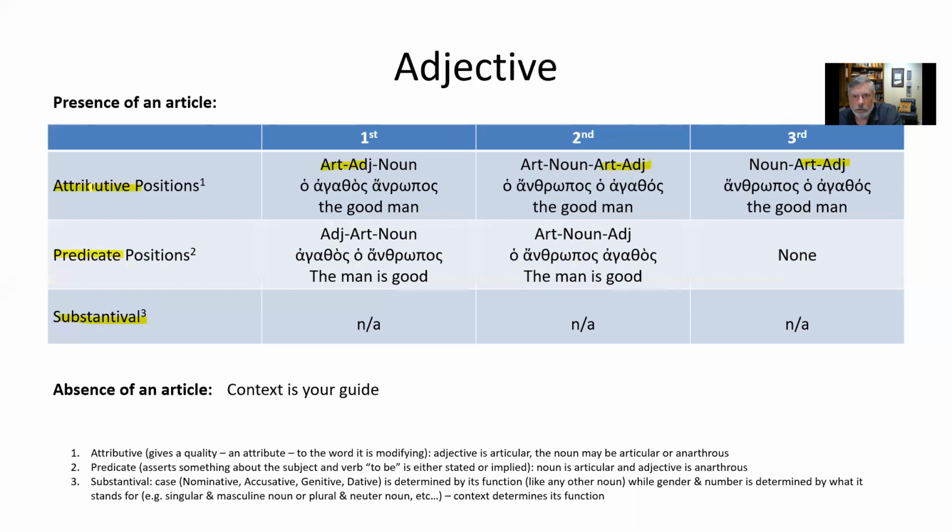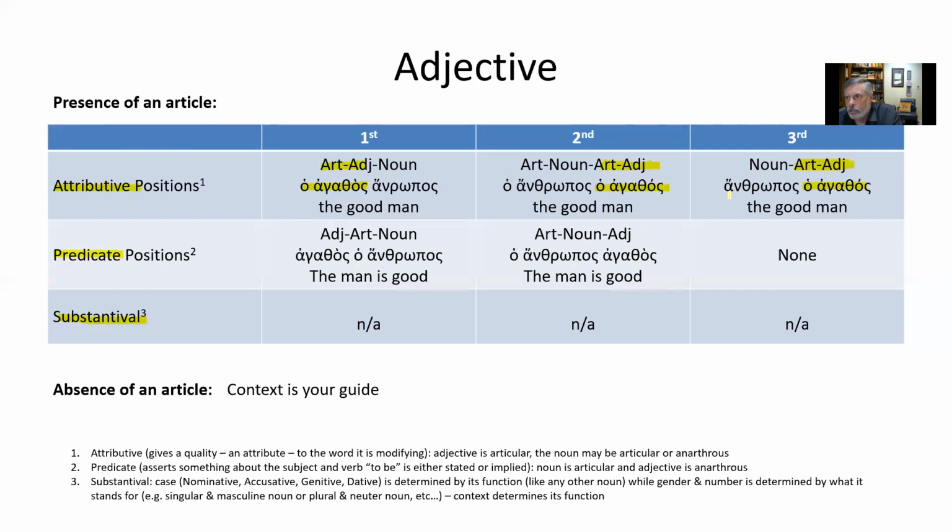If it has the article and there's a noun for it to modify, then it cannot be substantival. Notice: article, adjective, article, adjective. If that article has an adjective, ho agathos, ho agathos, well, in this case, there's something for the adjective to modify.